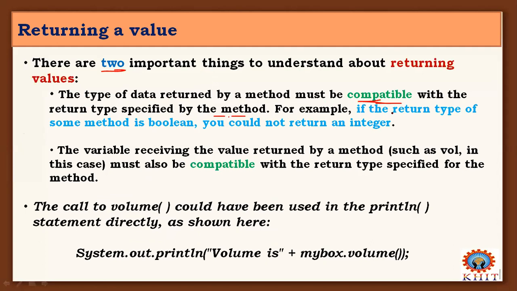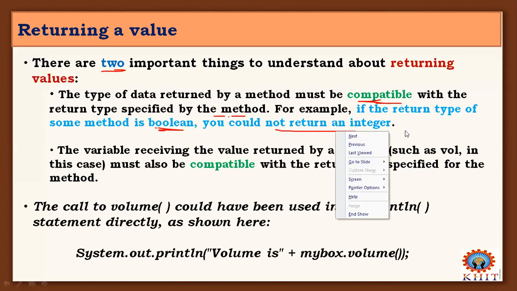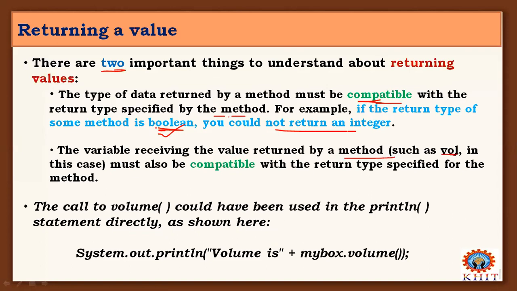For example, if the return type of some method is boolean, you should not return any integer, you should return only boolean type. The second important thing is, the variable receiving the value returned by a method, such as volume in the previous example, must also be compatible with the return type specified for the method.